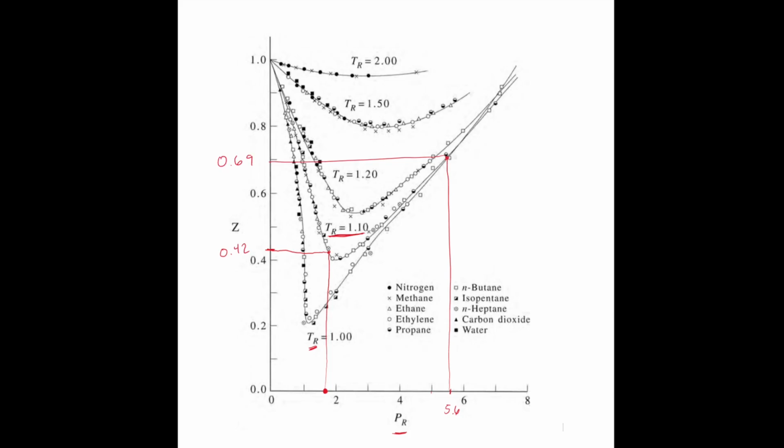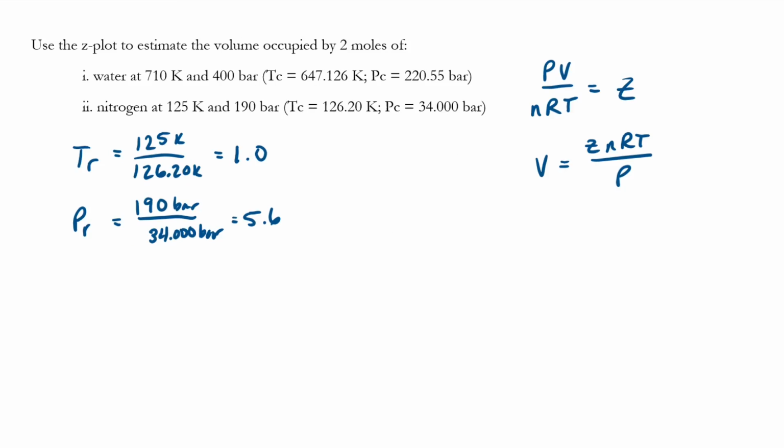And now that we have a value for Z, we can go back. And again, now we have all of the values we need. So the volume for nitrogen is going to be 0.69 times 2 mole times 8.314 times 10 to the negative 2 liter bar per mole Kelvin.